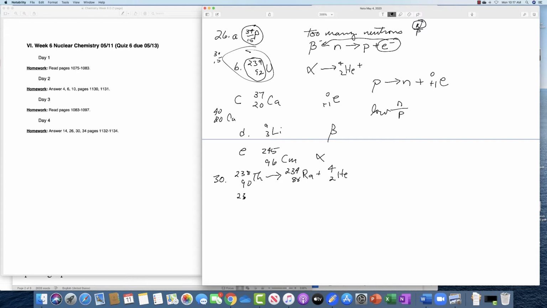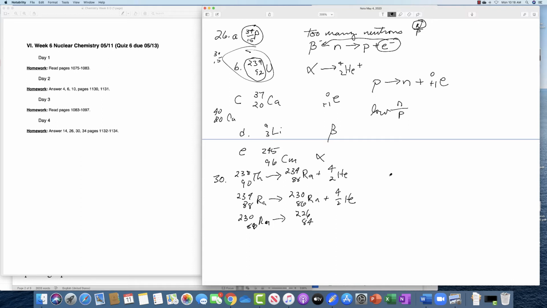Then we have 228, 88, radium, and it breaks down and goes to 224, 86, which is radon, Rn, plus 4-2. So that's the second alpha particle. The third alpha particle takes radon and goes to 220, 84.